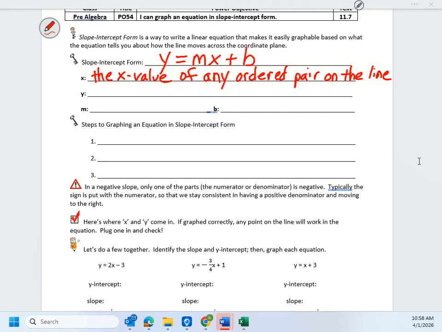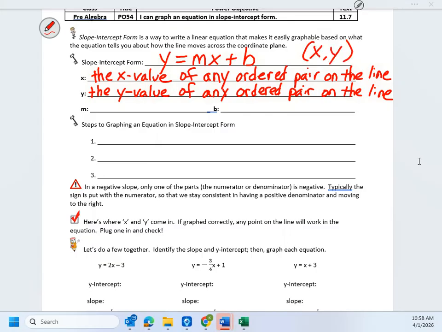So that means the y is the y value of any ordered pair on the line. Remember, our ordered pairs always start with the x and then the y, right? So that's our xy's.